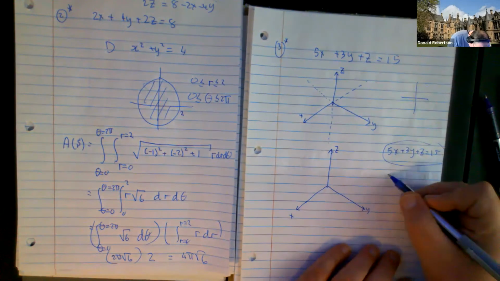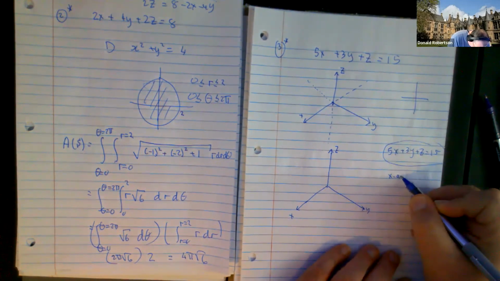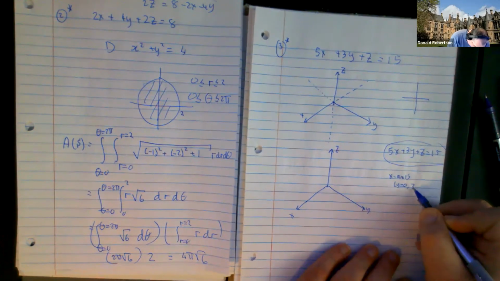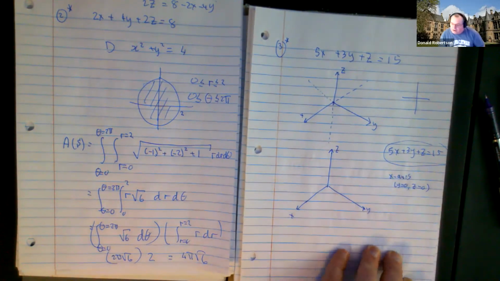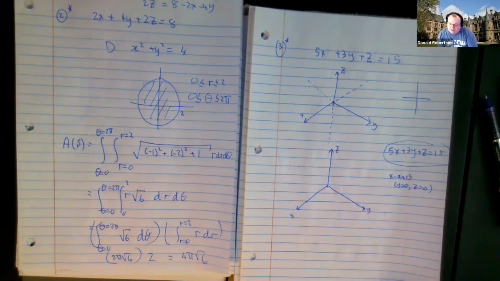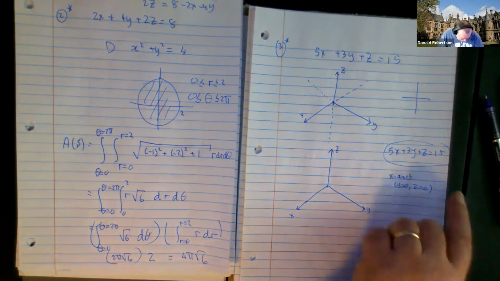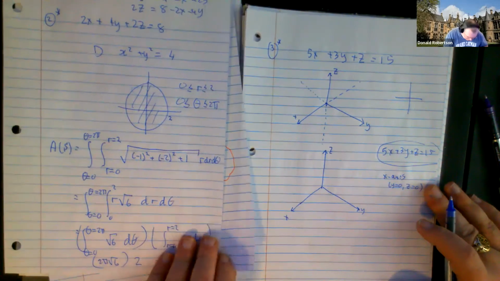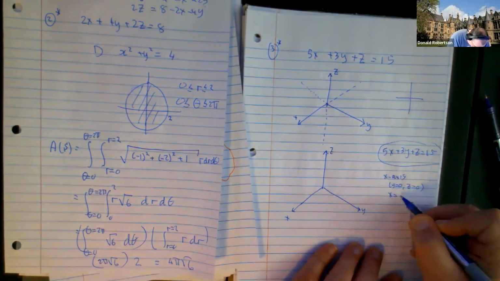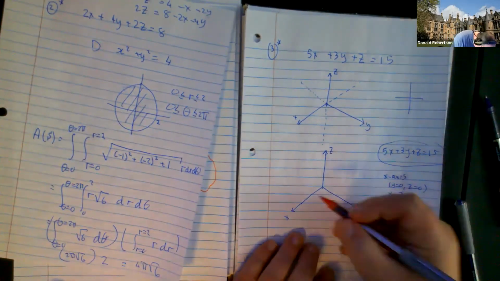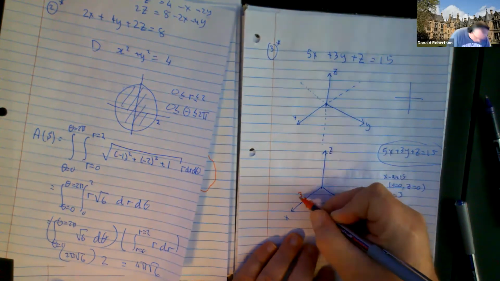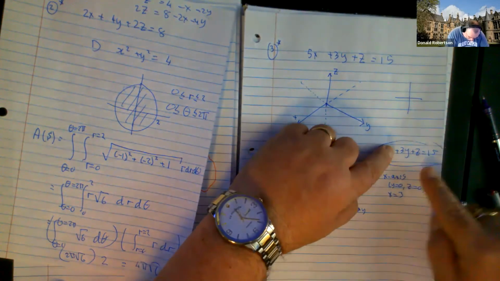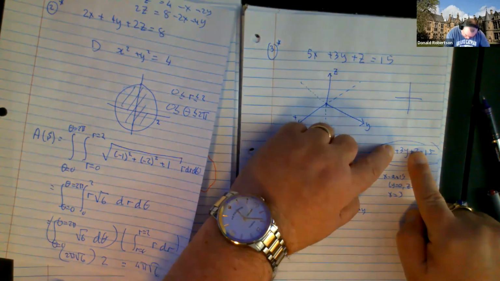So here goes. If you want to know where it cuts the X axis, that happens when Y is 0 and Z is 0. Does that make sense? That it crosses the X axis when the other 2 guys are 0. So if you look at this guy, it's basically 5x equals 15. So that means X equals 3. So I'm going to put a 3 there. Now, if you want to know where it crosses the Y axis, can you see Y is 5?